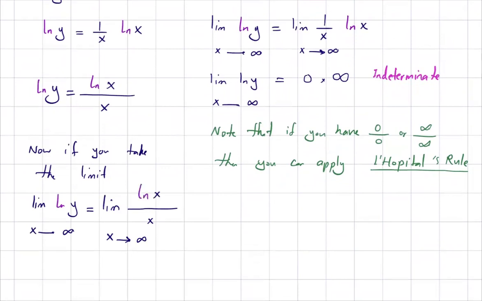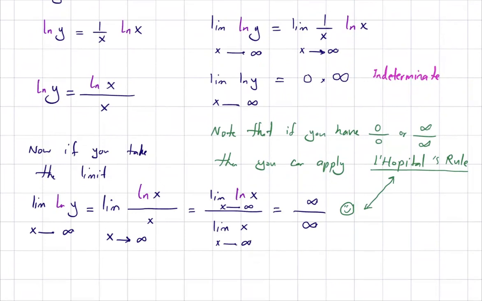It means that you have the limit of ln of x as x goes to infinity divided by the limit of x as x goes to infinity, which is indeed infinity over infinity. We are happy here. Why? Because now we can apply L'Hopital's rule.